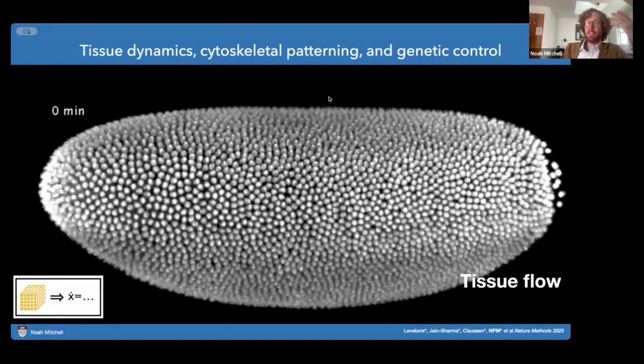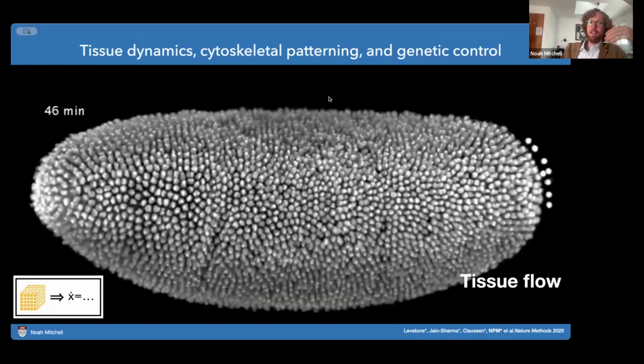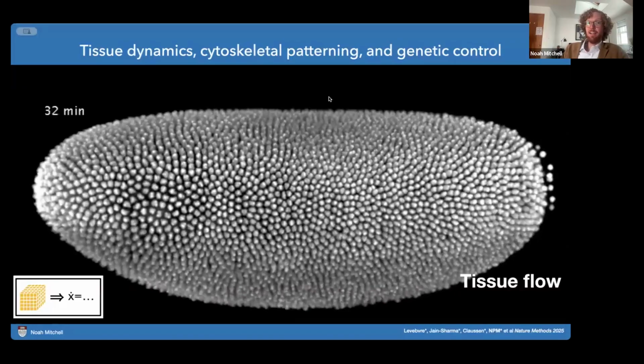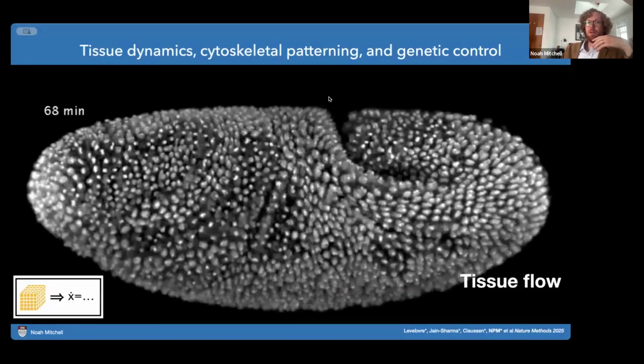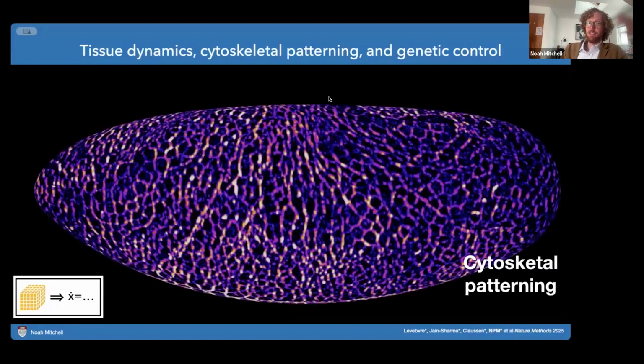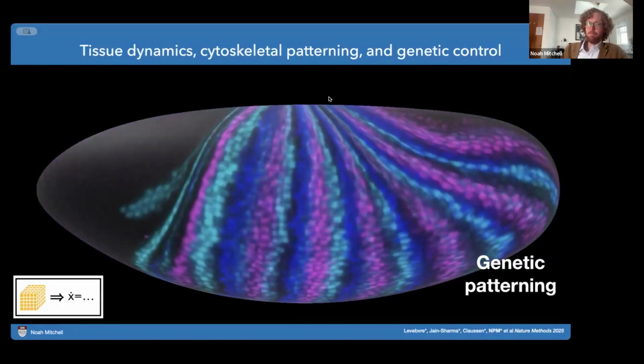And so in some settings, such as this early motion of the embryonic fruit fly, there's been quite an intense effort to formulate a physical understanding that bridges these scales, linking the tissue dynamics to patterns of cytoskeletal anisotropy and ultimately to genetic patterning.